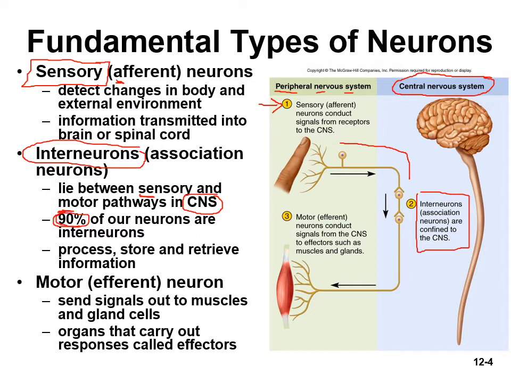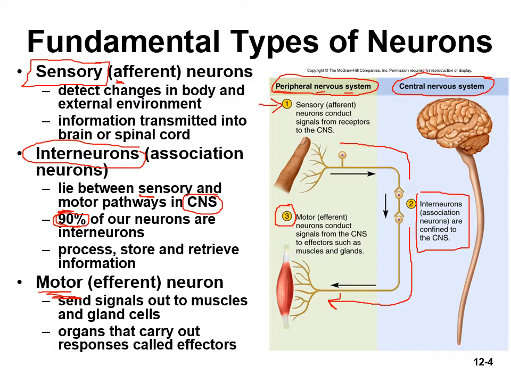So they're able to receive the sensory information, figure out what needs to get done, and once they know what the effect needs to be, they will communicate it back to the peripheral nervous system, with the third neuron, which is our motor neuron. And the motor neuron is the one that comes in direct contact with whatever muscle or gland needs to be stimulated.